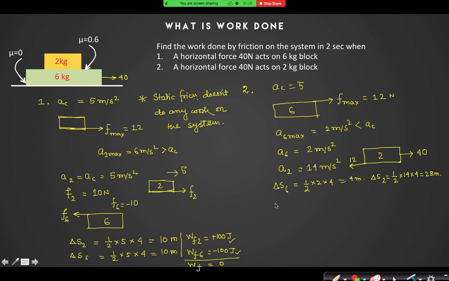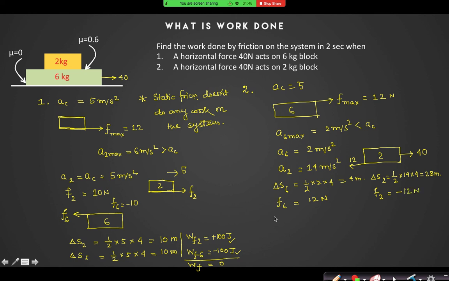And what is the friction force on the 6 kg block? Plus 12. What is the friction force on the 2 kg block? Minus 12.